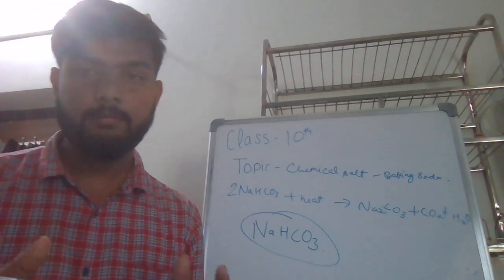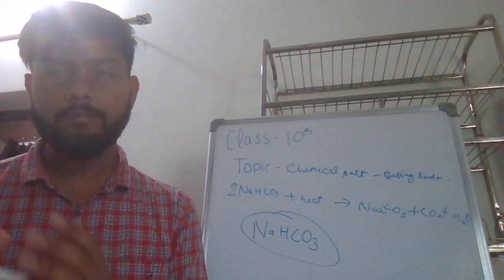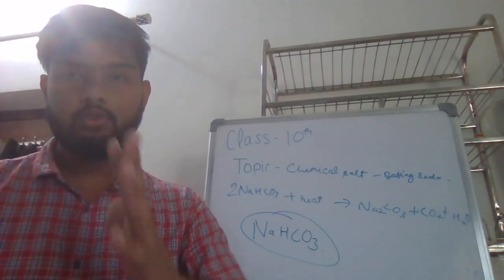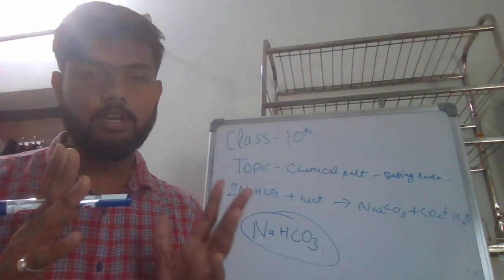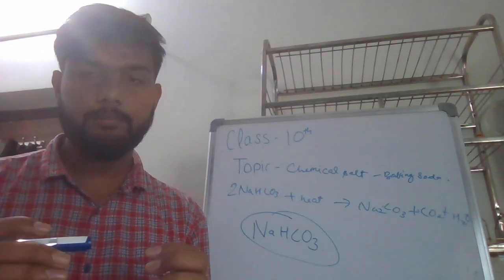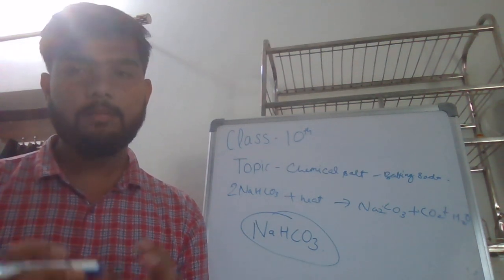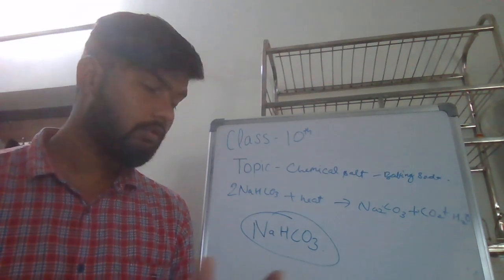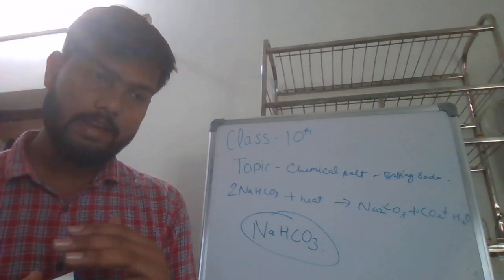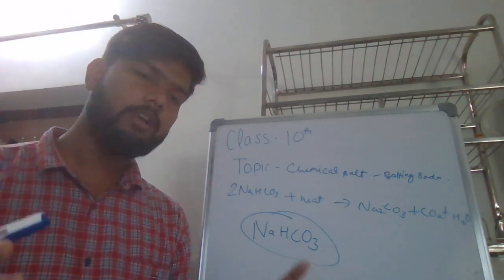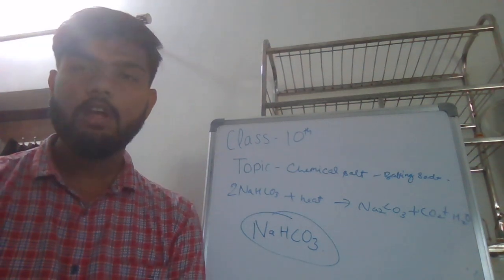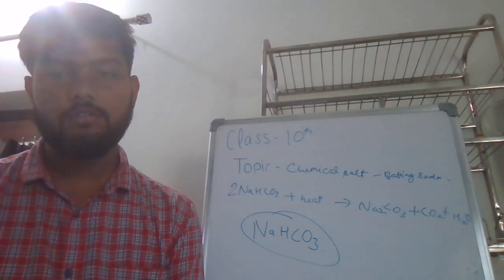Some are made of only baking powder, some of only baking soda, some of baking powder and soda both, and some have no leaveners. In those cookies there is no soda and no baking powder.